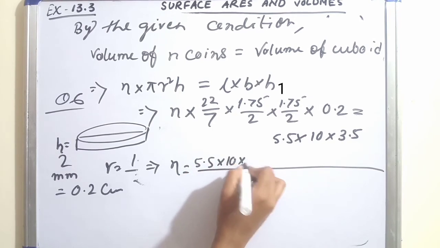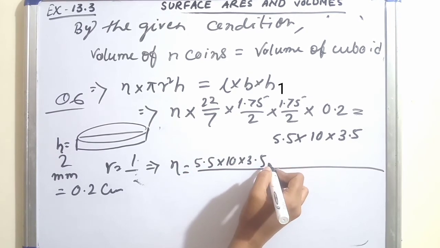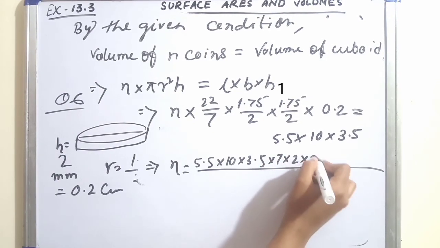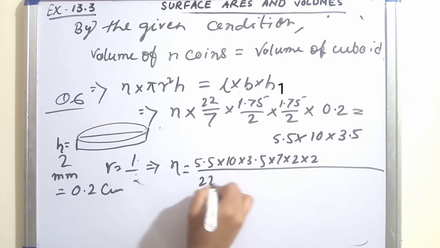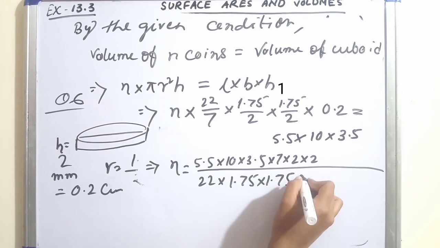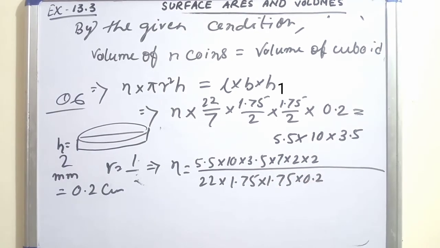5.5 into 10 into 3.5 into 7 into 2 into 2 upon 22 into 1.75 into 1.75 into 0.2.